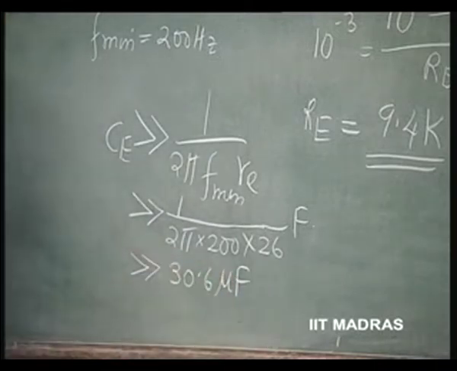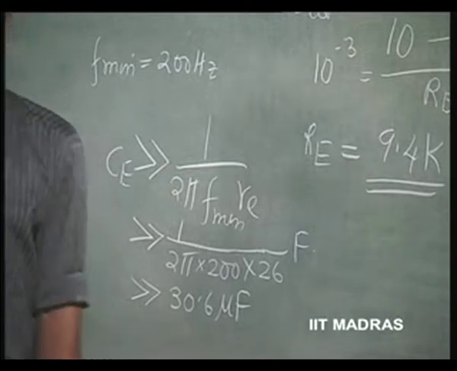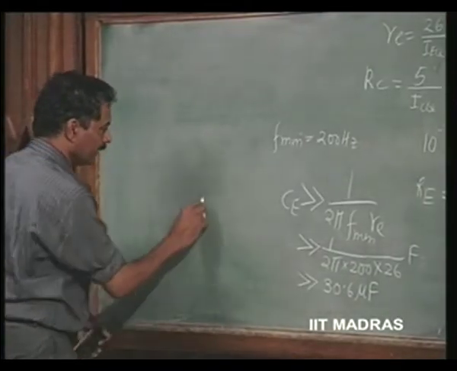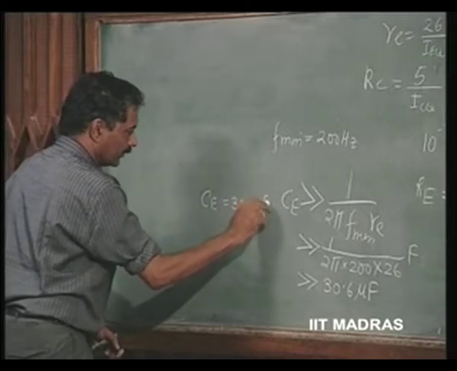So, much greater than 30.6 microfarads, about 300 microfarads is the typical value for this kind of frequency, wherein this capacitor is going to act as a short. So, it is enough if we take CE equal to, let us say, 300 microfarad.